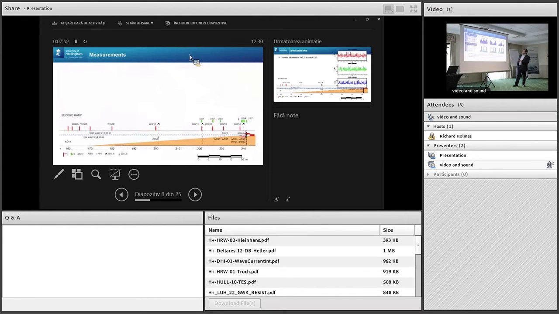So these are, again, just to look at the conditions. The maximum wave height tested was 0.8 meter, the peak period 4.5 seconds.